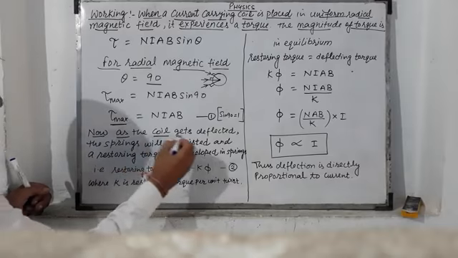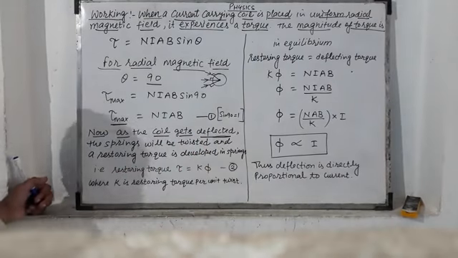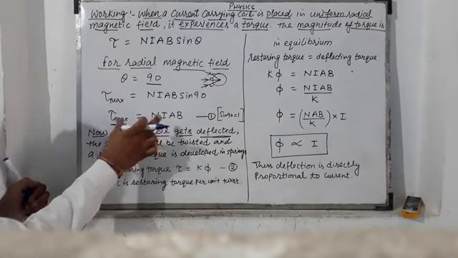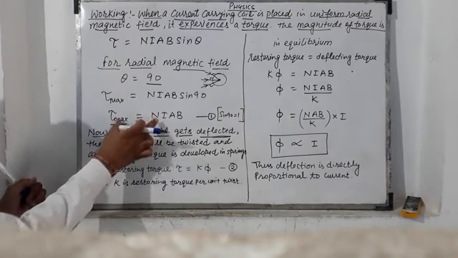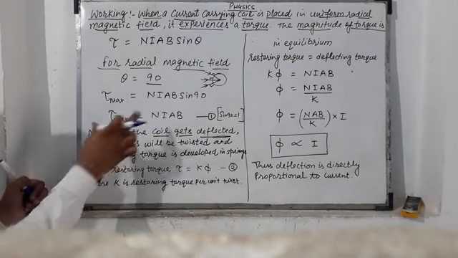Now, as the coil gets deflected, because this is a deflecting torque, this torque deflects the coil.